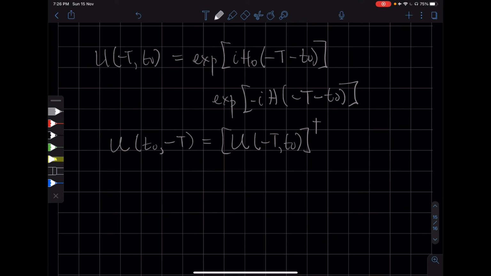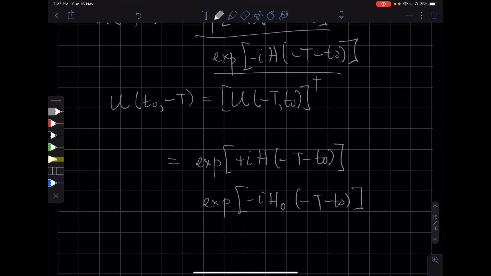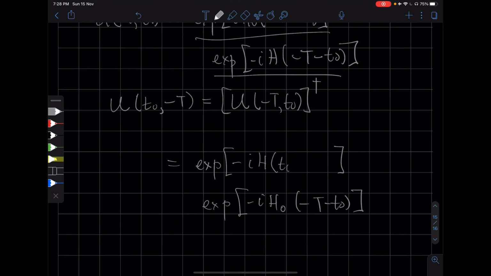So if I take the Hermitian conjugate of this expression, it'll reverse the order, so that I'll get the exponential of plus iH (−T − t0) first, and then the exponential of −iH0 (−T − t0). The argument should have been t0 minus T.